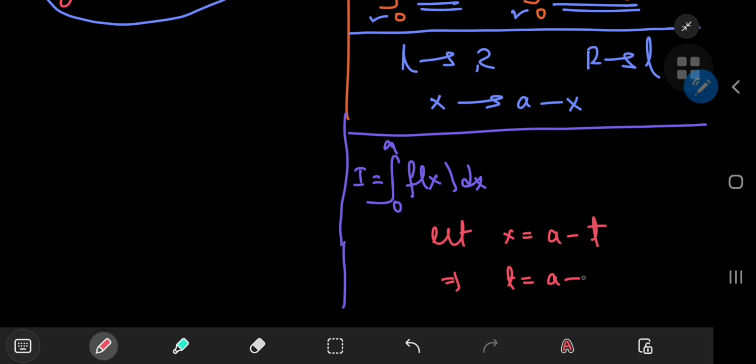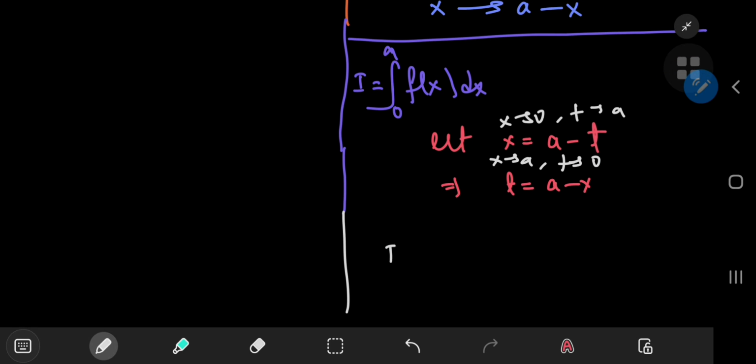t equals a minus x, and as far as the limits of integration are concerned, well, as x approaches 0, t should approach a, and as x approaches a, t should approach 0. So your limits of integration are now kind of weird looking.